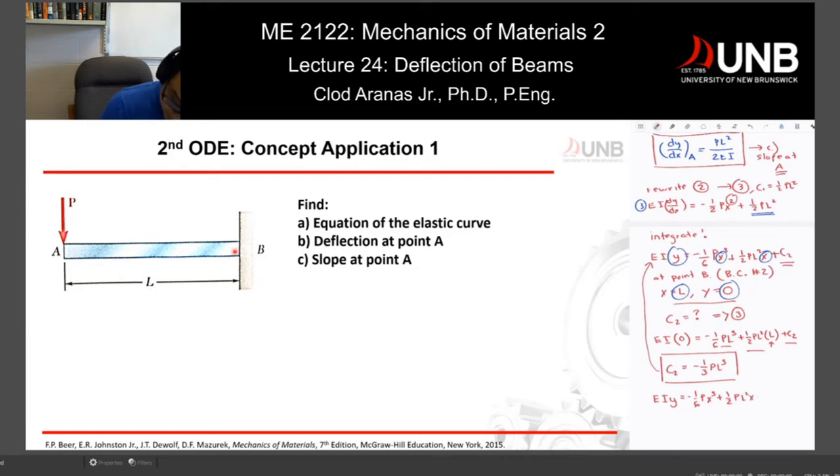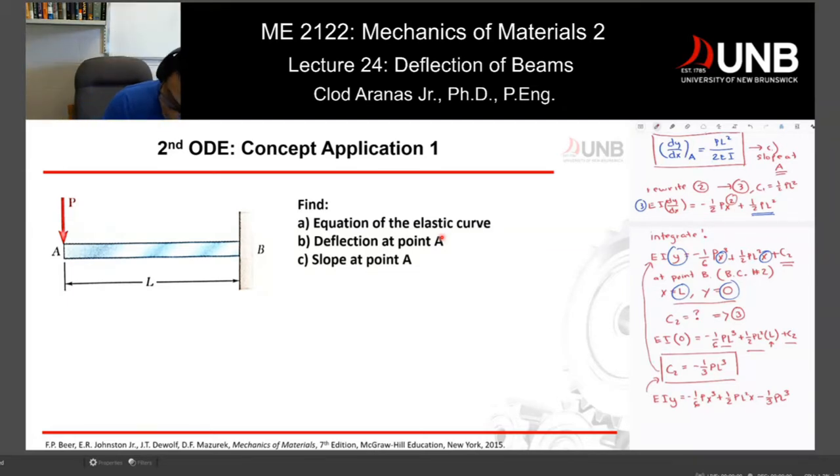Now this becomes C2, so that's now minus 1 over 3 P L cubed right there. So I have this equation using the calculated C sub 2. And if you look at the question right here, you have find letter A, equation of the elastic curve. And remember, equation of the elastic curve is y is equal to a function of x. And this particular equation would solve your problem.